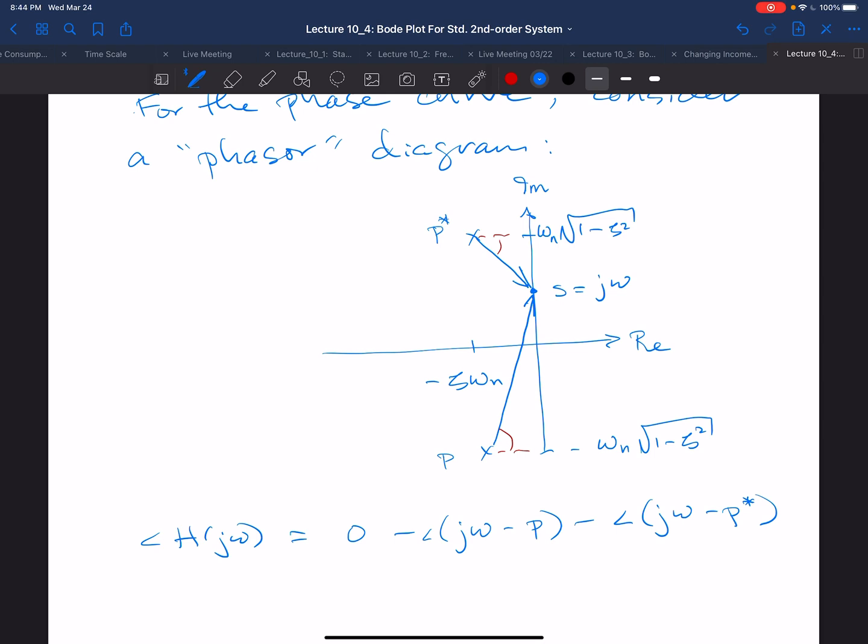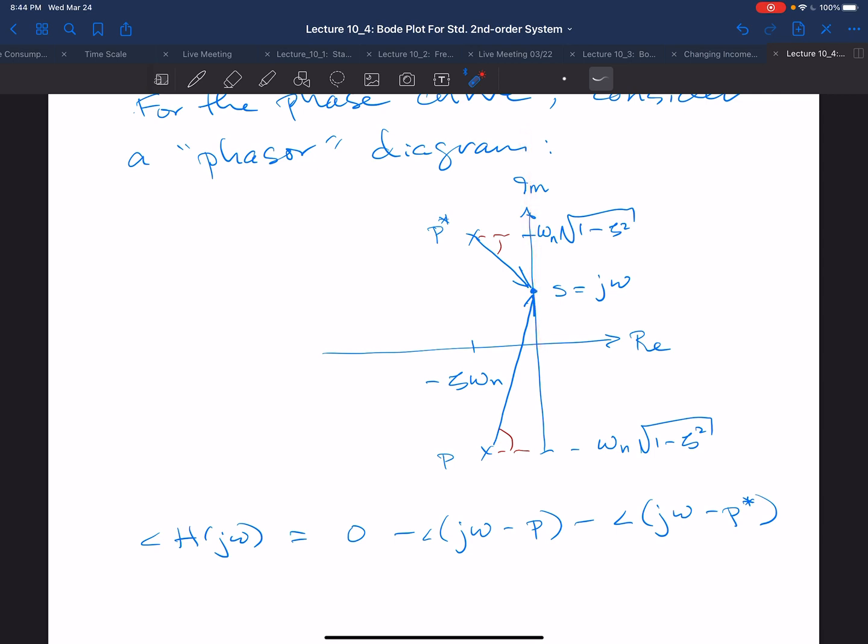So what's the angle going to be when omega is 0? In that case, this point is right at the origin. And in that case, these two angles are equal but of opposite sign, so they will cancel out. What happens as omega increases from 0 to infinity?